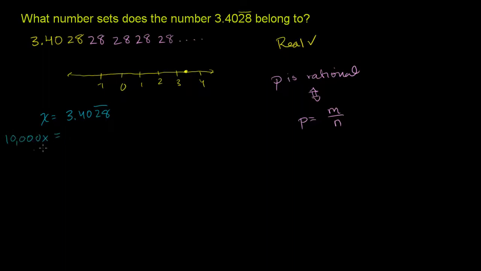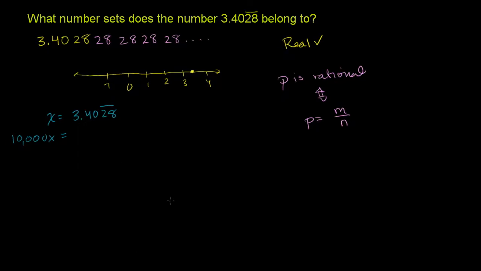Every time you multiply by a power of 10, you shift the decimal 1 to the right. 10,000 is 10 to the 4th power, so it's like shifting the decimal over to the right 4 spaces. 1, 2, 3, 4. So it'll be 34,028, but these 2 8s just keep repeating. You'll still have the 2 8s go on and on after that. They just all got shifted to the left of the decimal point by 5 spaces. That makes sense. It's nearly 3.5, and if you multiply it by 10,000, you get almost 35,000.